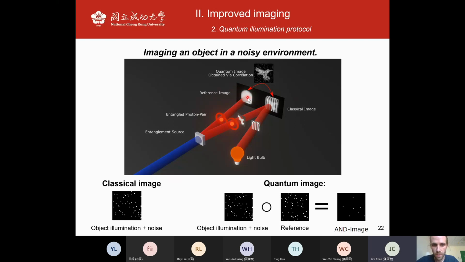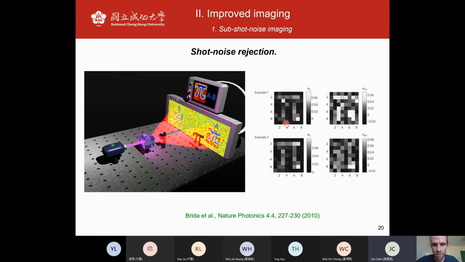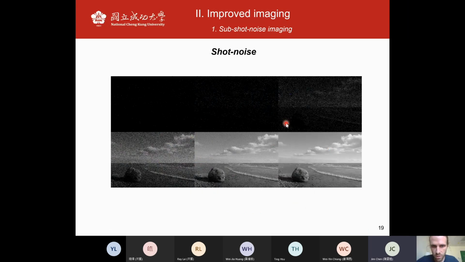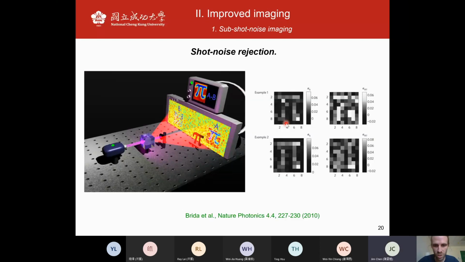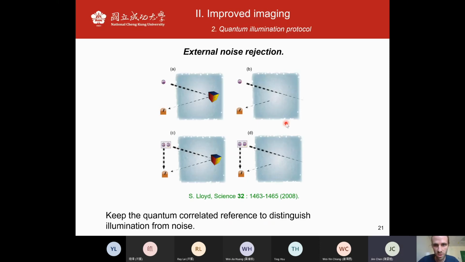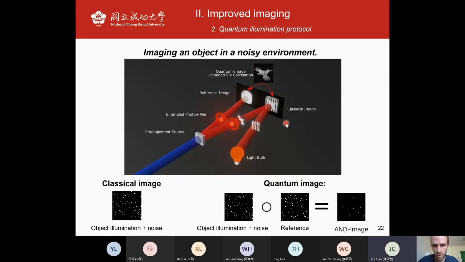When you perform the correlation, you need the correlation between the idler signal and the signal from the target, right? So do you need any equipment to store the idler signal or not?